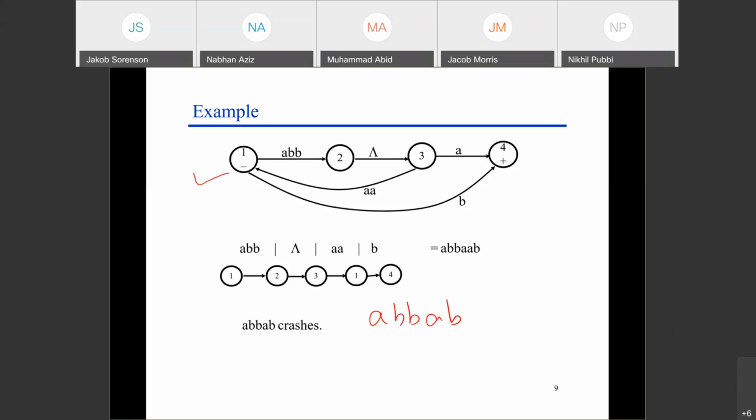You think I make a factor this way: first divide this so you pass A, B, B, and then lambda takes you without anything here, and then you have A, A, A, A. Or if you divide this into A, and then you have B, you are not able to handle B. So this word will crash the machine. Because you are here, and still B is left, and we are not handling B, this will crash the machine. But let's say you have the word A, B, B, A, B.